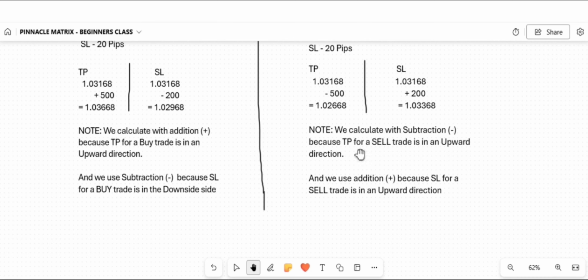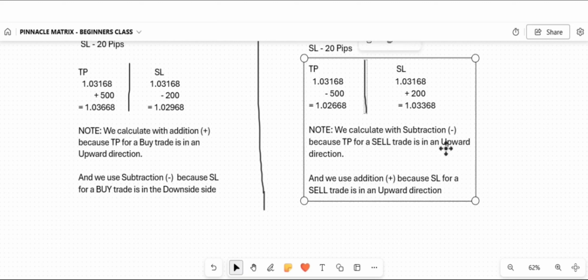So note, we calculate with subtraction because TP for a sell trade is in a downward direction, and the stop loss is in an upward direction. Sorry, I made a mistake here.